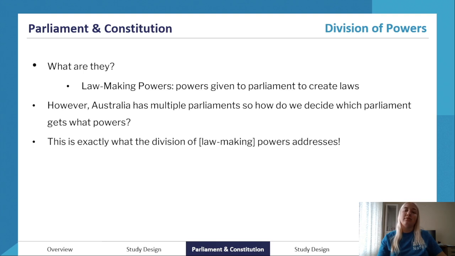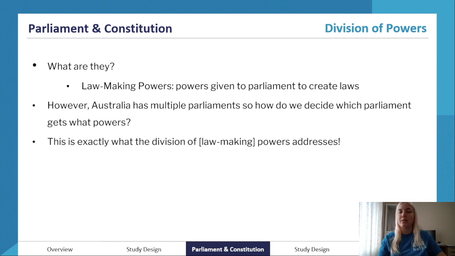So, we have the division of powers enshrined in the constitution so that we are able to decide which parliament gets what powers. Imagine if there was confusion about this. Imagine if both Commonwealth and state level parliaments could make any laws as they please in any area.